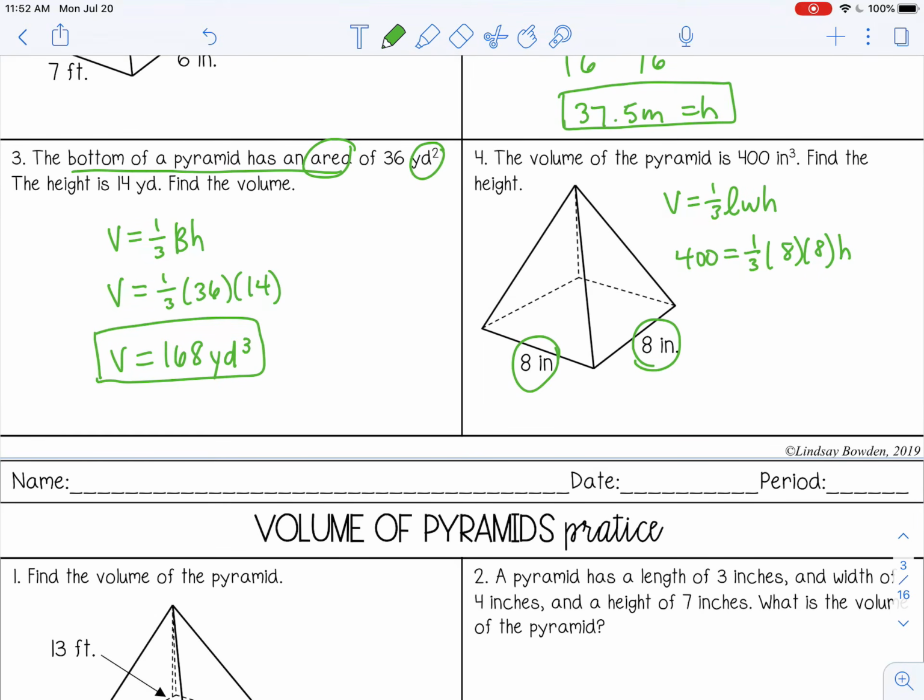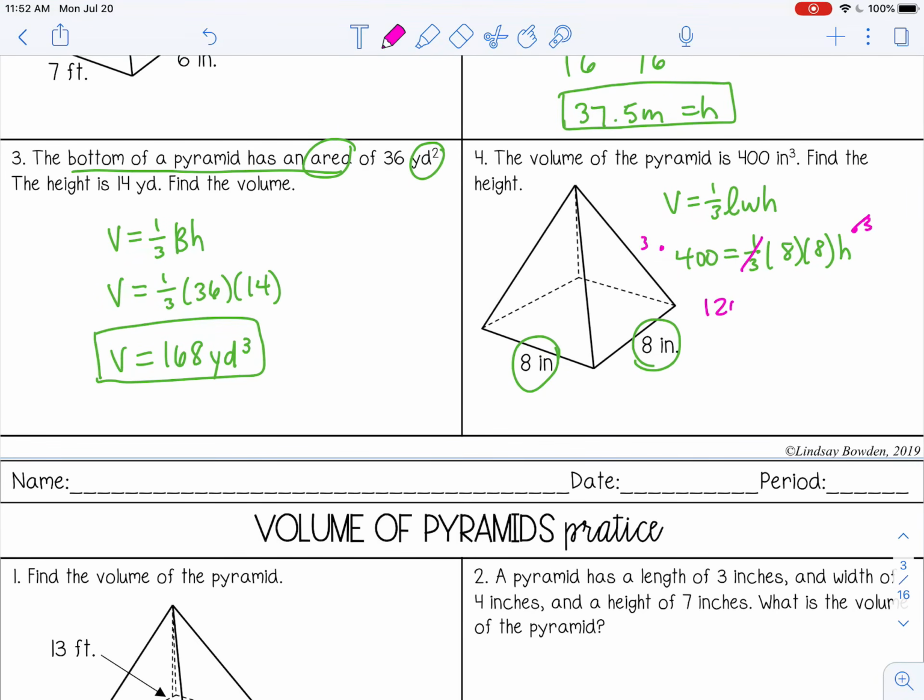All right, so for this one, I'm going to go ahead and get rid of that 1/3 first, because I know if I multiply 8 times 8 together and then divide that by 3, it's going to be a decimal. So I'm just going to get rid of the 1/3 first by multiplying by 3 over 1 on both sides, which really just cancels out that 1/3 for me and makes it a little bit easier to solve.